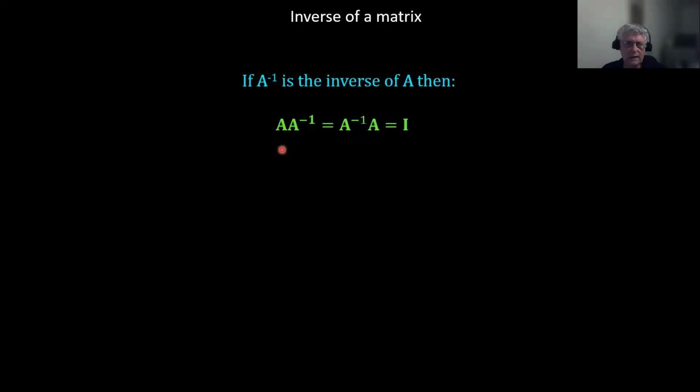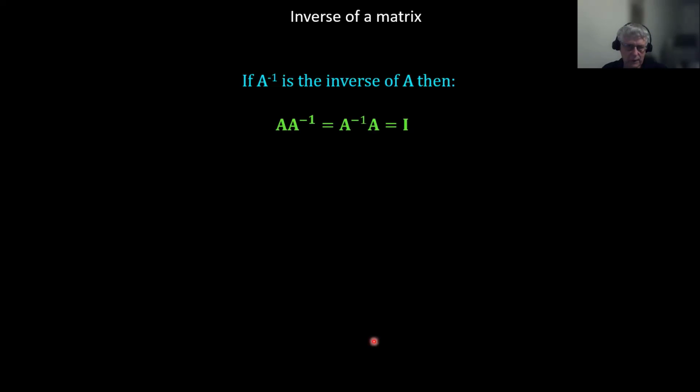We denote the inverse of a matrix by this -1 superscript. This is the mathematical definition of the inverse of a matrix in the green equation. So if we pre or post multiply a matrix by its inverse, we get the identity matrix.